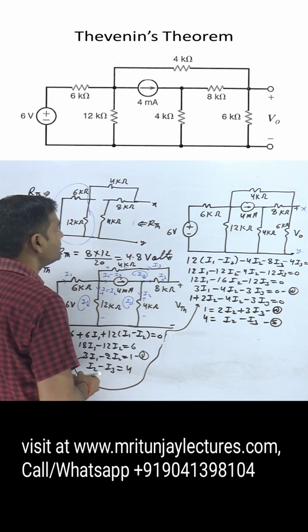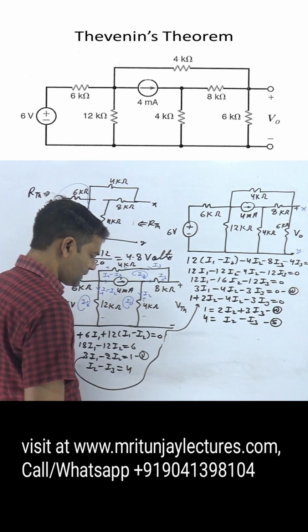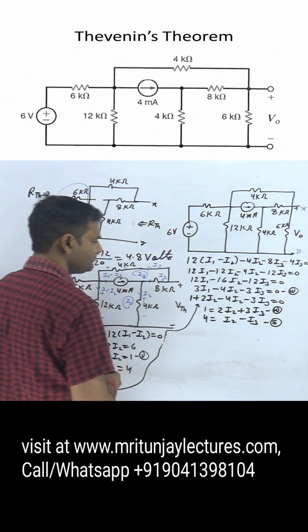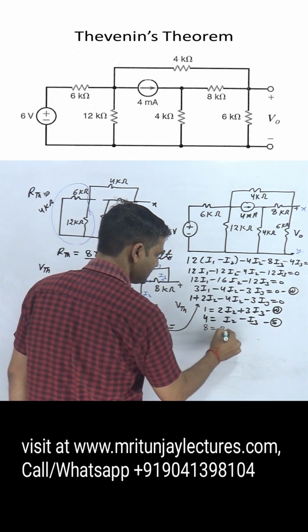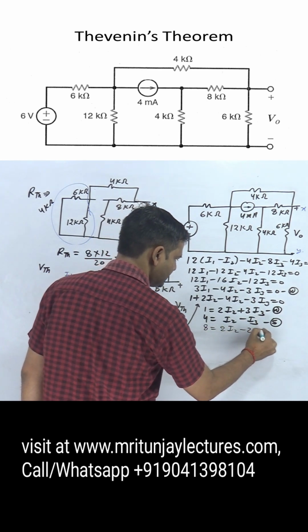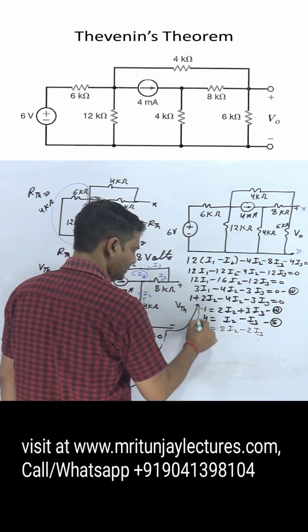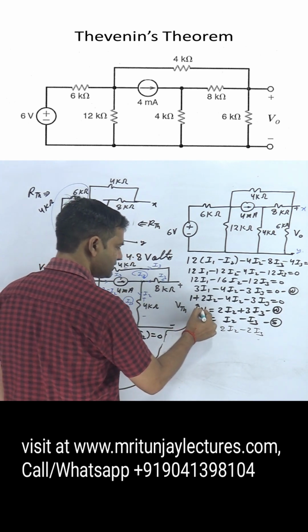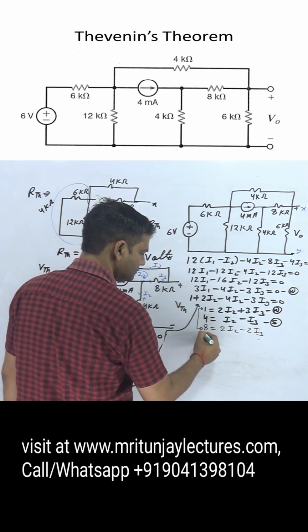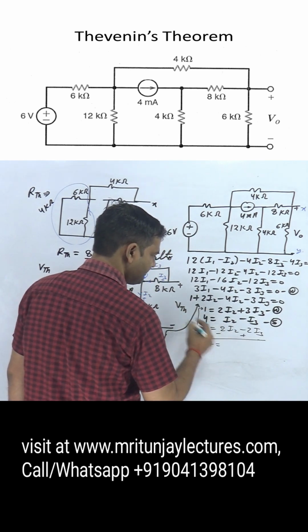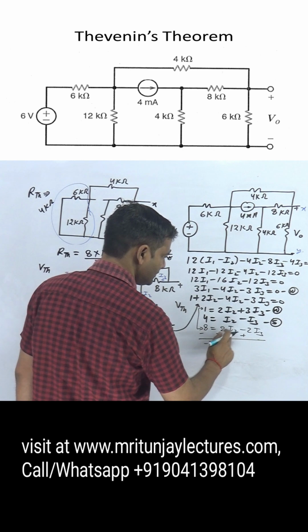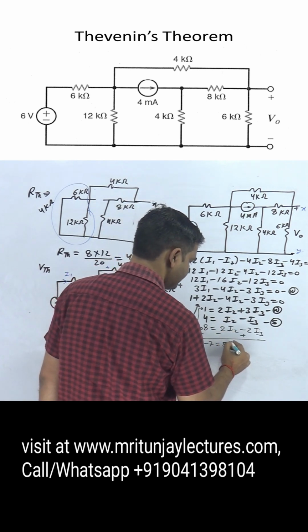Solving these two equations, that is minus 7 and that is 0, and this is 5 I3.